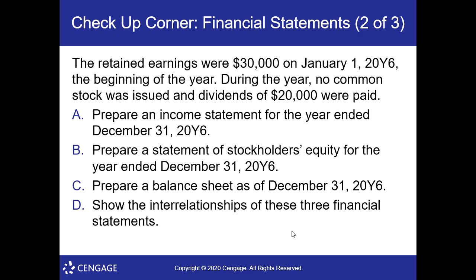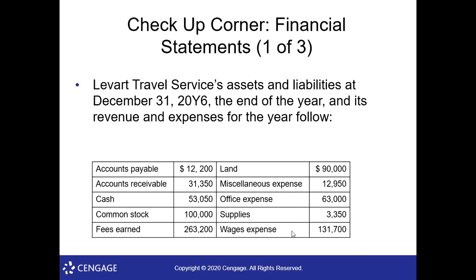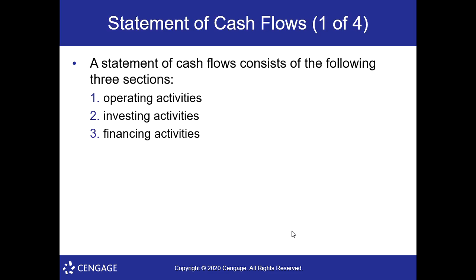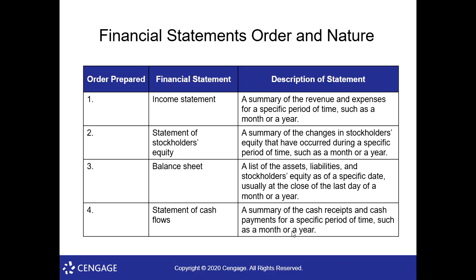All right, so here they're asking us to prepare an income statement, a statement of stockholders' equity, a balance sheet, and to show the interrelationship of these three financial statements. So again, go ahead and pause your video, and I want you to take the time to actually do this yourself. I would say a good slide to use would be this one to remind yourself what goes into each statement.